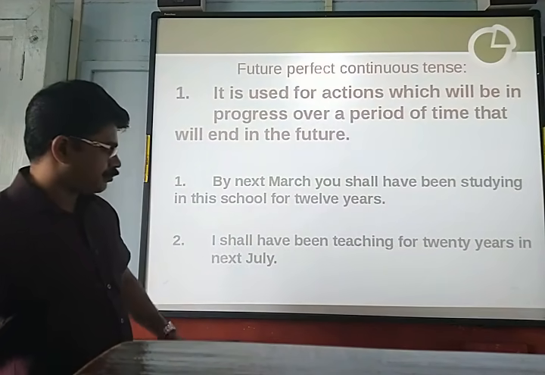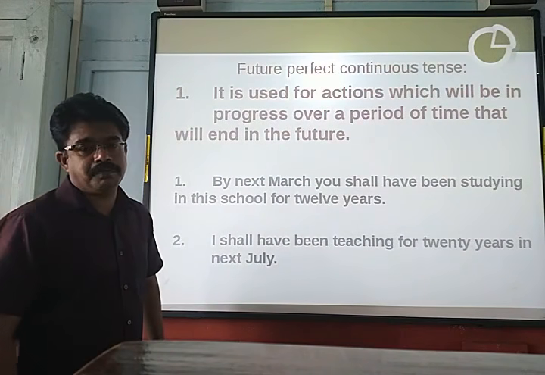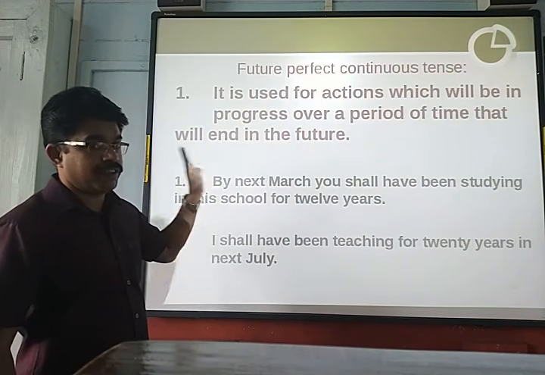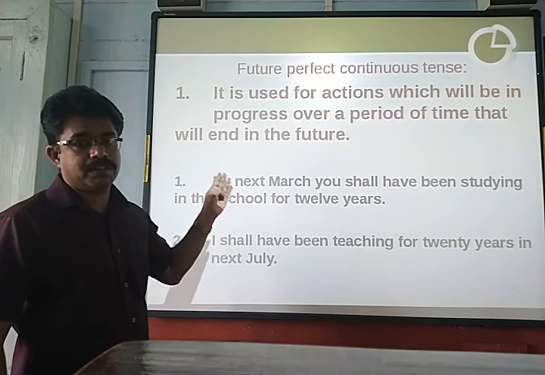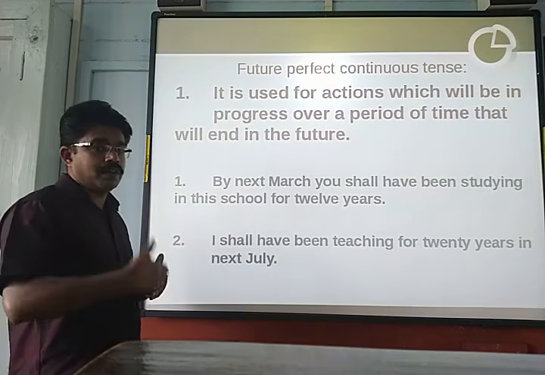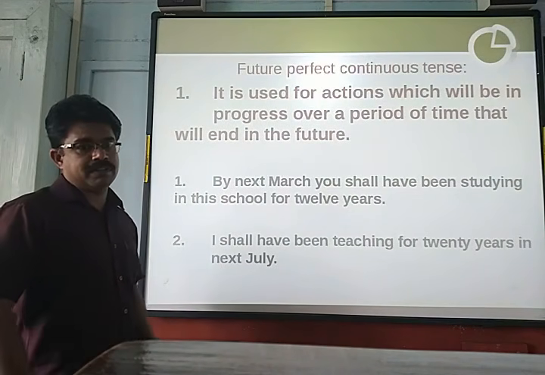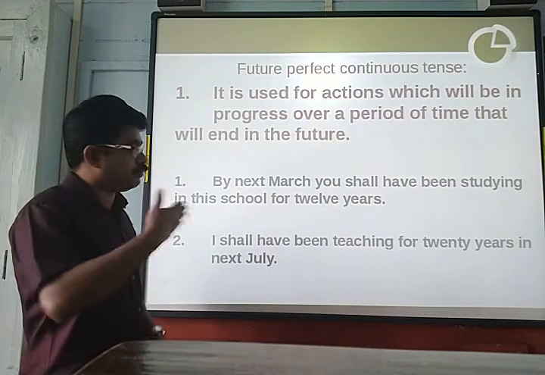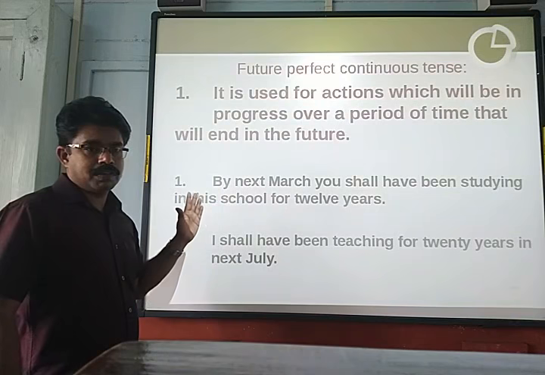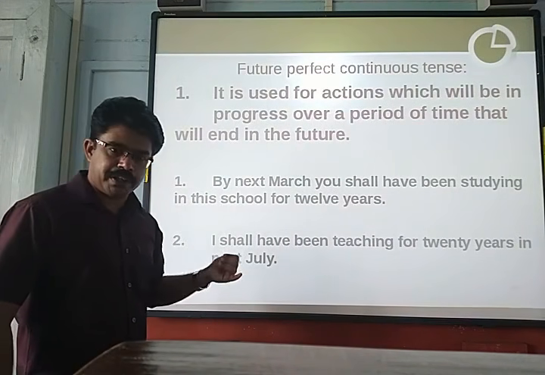So by the end of this one, we come to the end of tenses. We have seen all the three tenses: present, past and future, and all those tenses have 4 divisions, and therefore totally 12 parts of all the tenses we have seen: simple, continuous, perfect and perfect continuous.